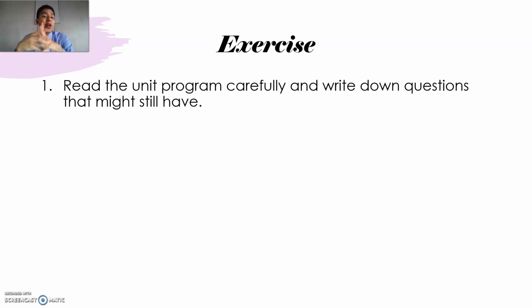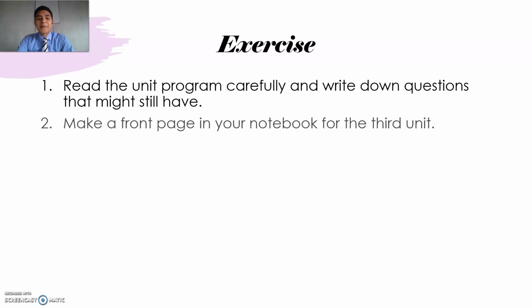So basically what I want you to do is to take a look at the unit program. And if you have any sort of questions, please let me know during the meet session. That is one of the first differences that we're going to have. So last unit we had sessions in Zoom, right? But now we're going to have sessions in Meet. We're going to see how it goes today.